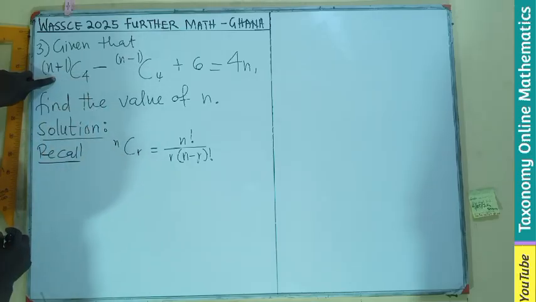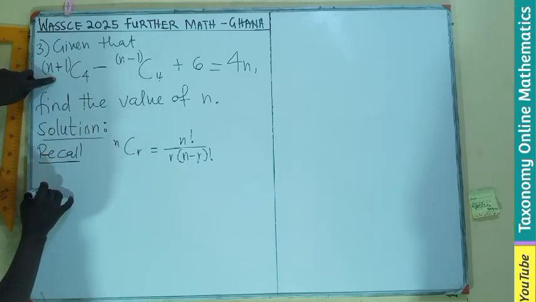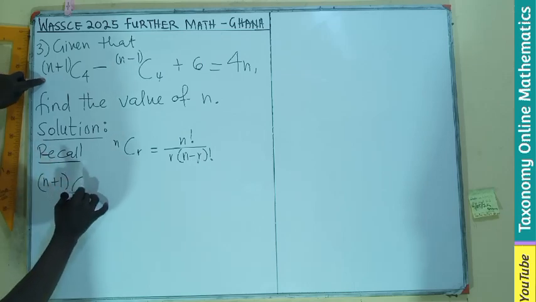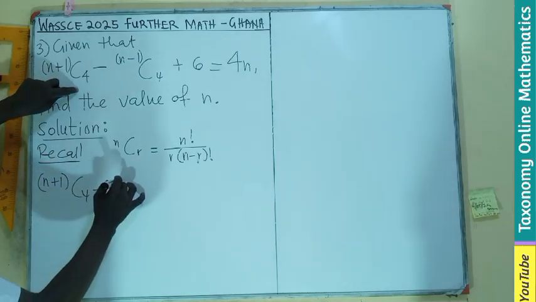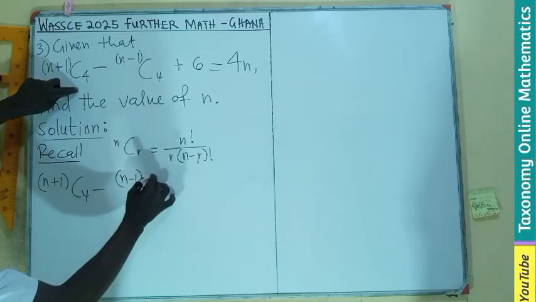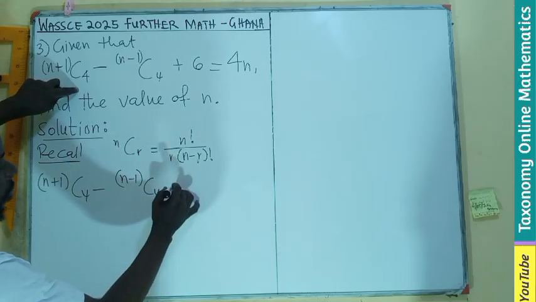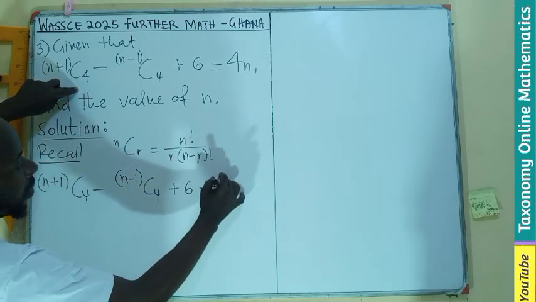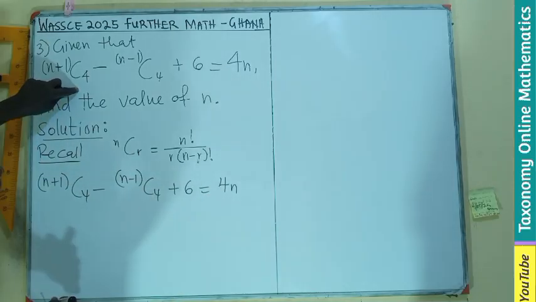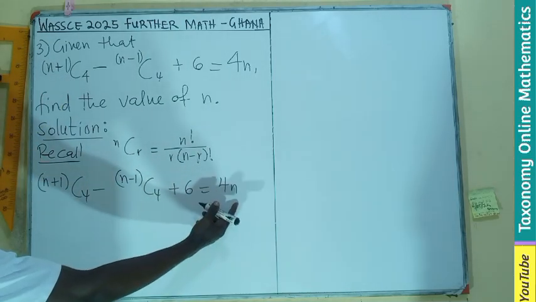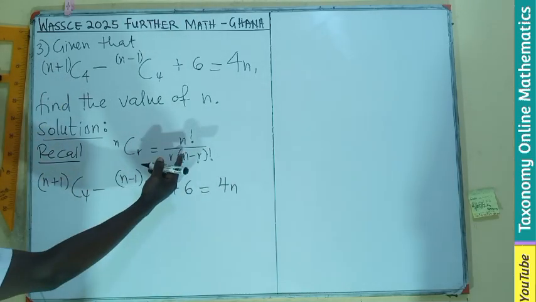Let me write the question: (n+1) combination 4 minus (n−1) combination 4 plus 6 equals 4n. I'll set the 6 aside, but these two will be expanded using this formula.